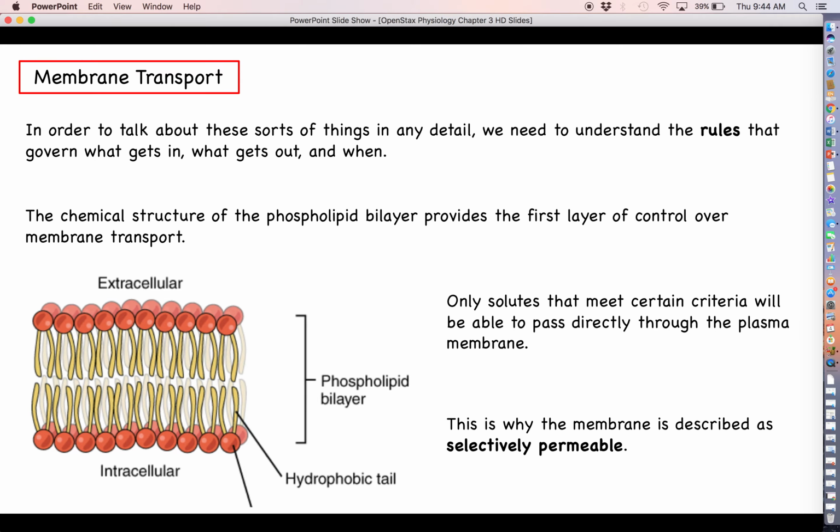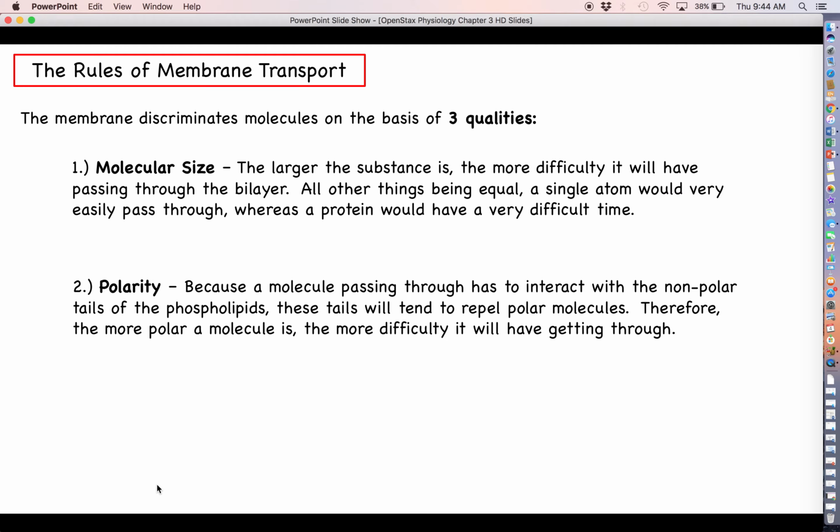So if we go backwards here and look at these phospholipids again, keep in mind the phospholipids are a little bit spaced apart, so there should be a fairly small space in between neighboring phospholipids that can accommodate a molecule trying to squeeze through. So obviously it should make sense that a very small molecule should be able to squeeze through one side and then emerge on the other side. So the second issue is the polarity of the molecule.